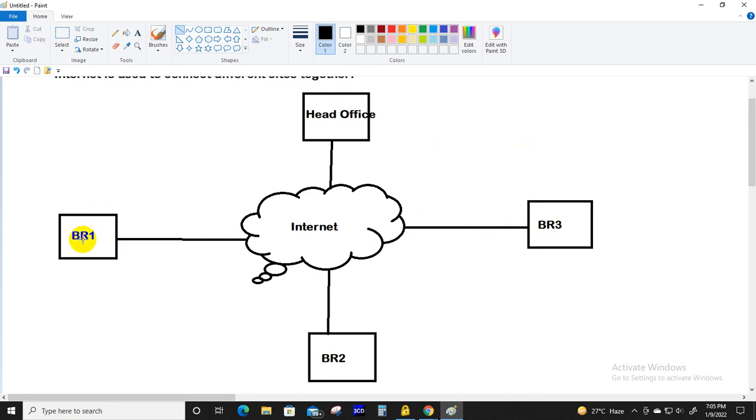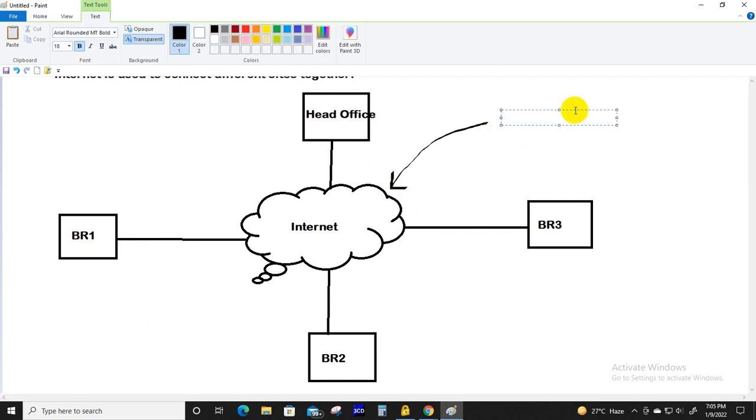So all these sites are private sites, as we know, and we also know that this internet is a shared public network.